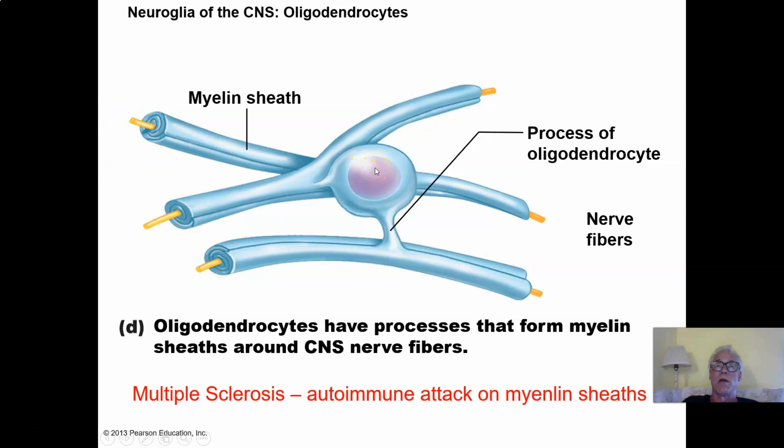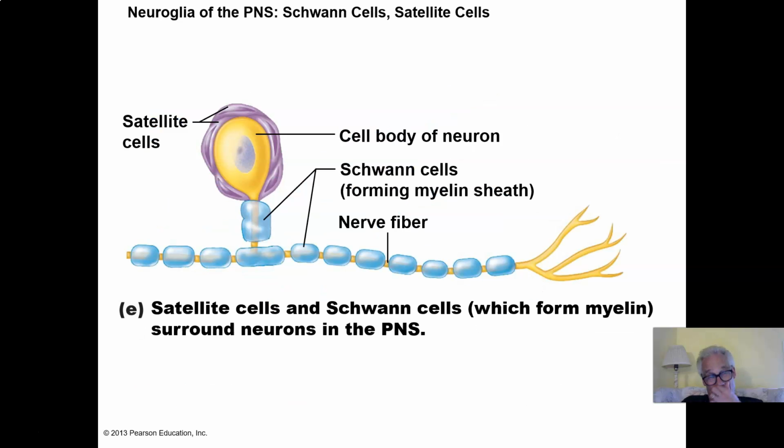This oligodendrocyte might myelinate parts of maybe 50 axons in its vicinity, and then the next oligodendrocyte would take over from there, and then the next, and so forth. So anyway, multiple sclerosis is an autoimmune disease in which the myelin sheaths, which are so important for the speed of conduction and insulating these axons, are being attacked and destroyed. There's an ominous looking little X right there.